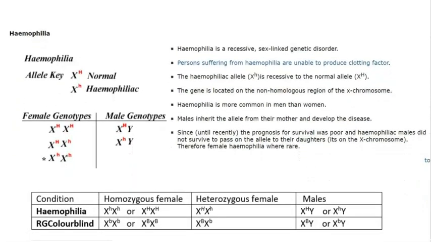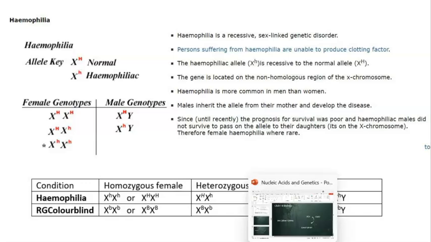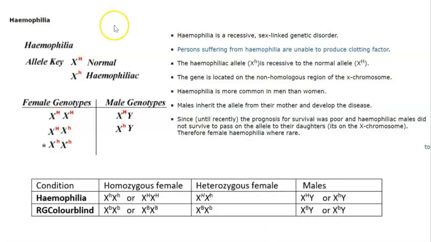If we look at hemophilia as a condition, we're going to see the same phenomenon, which is that the trait, the condition, in this case hemophilia, is going to be more common in males. This is often an early indicator of a sex-linked genetic condition.